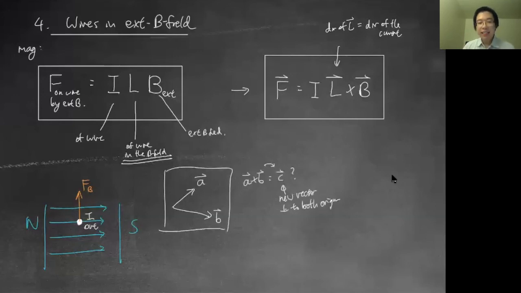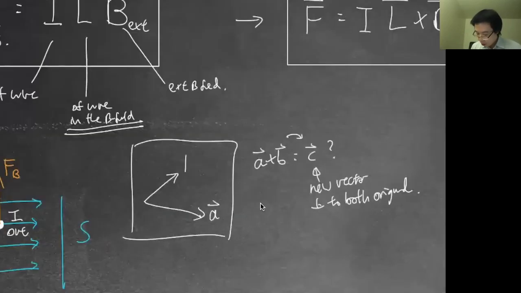So if I have A cross B, I will produce a new one, C, that either comes out of or goes into the page. How do I determine whether it's in or out? You put your right hand along A and try to wrap your fingers towards B. Let me flip this around first so it's easier to visualize. Put your hand along A.